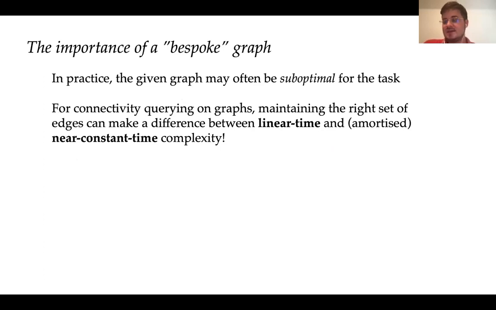In practice, even if I give a graph to you, it may be completely suboptimal for the task that you are doing. And one very simple example of this is if you want to do connectivity queries on a graph. So I give you a graph and I tell you 2 nodes. I give you features in 2 nodes to tell you, I want to know if these 2 nodes are connected.